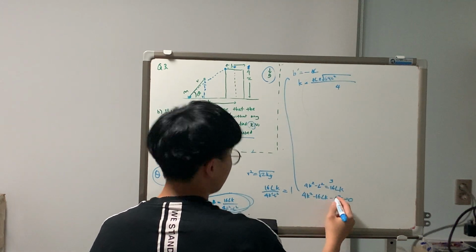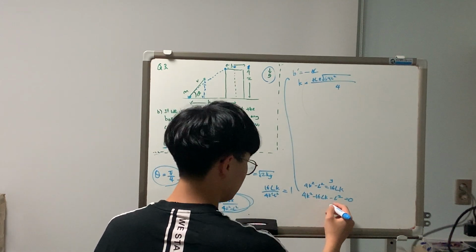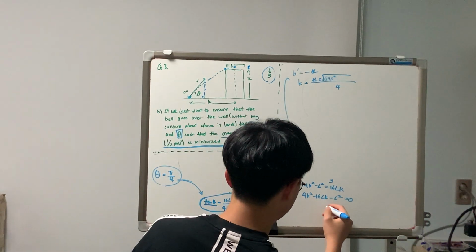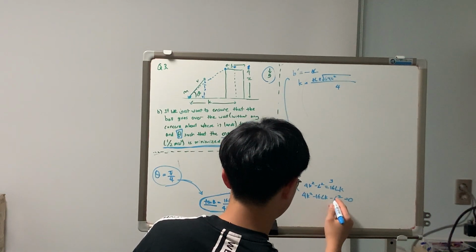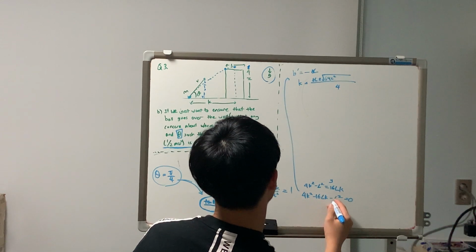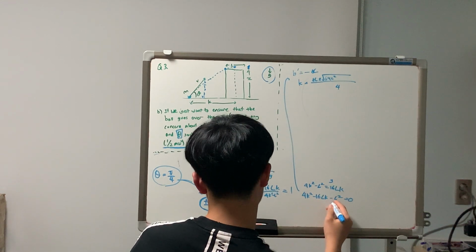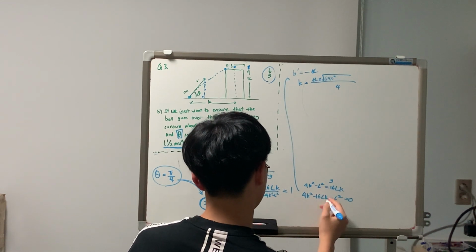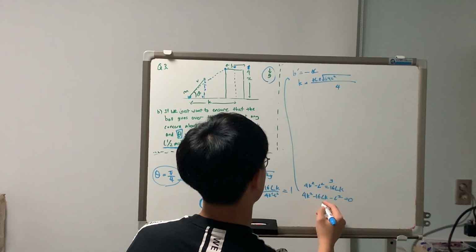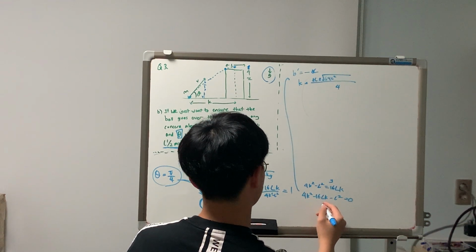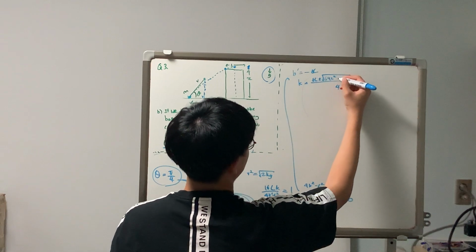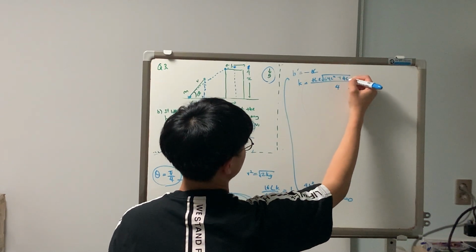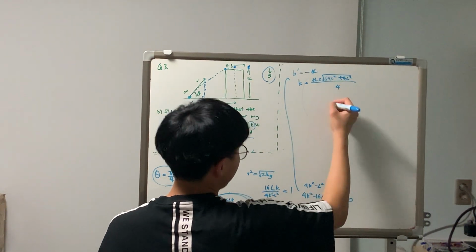So, wait, minus l squared, 64 minus l, minus 4l. So that's going to be plus 4l squared because it's a minus and a minus.